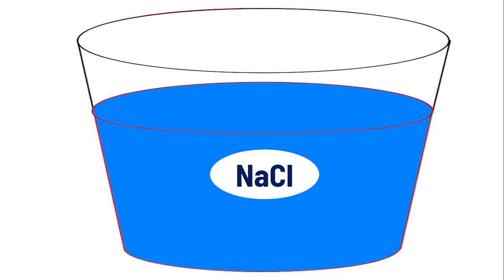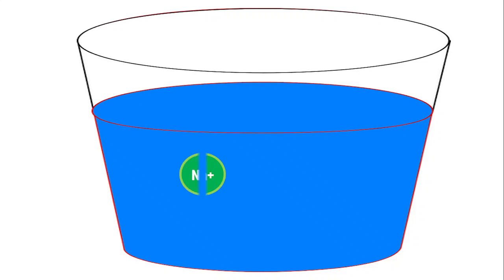Now what will happen? Inside the salt water is sodium chloride, represented as NaCl. Whenever electric current passes through NaCl, it is dissociated or split into positive sodium ions and negative chlorine ions.